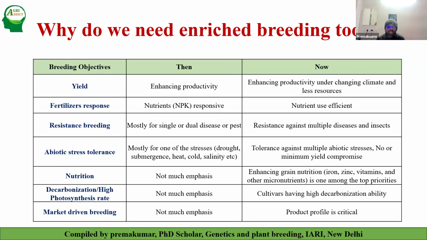At that time, Indian cultivars were not that high yielding or productive, and we were suffering from food insecurity. Poverty and hunger were among the biggest problems. The breeder's objective was generally to increase yield to meet the immediate need of the country and food security. But now we are self-sufficient, and we are looking at enhancing productivity under climate change. Earlier, it was not that much of a problem.